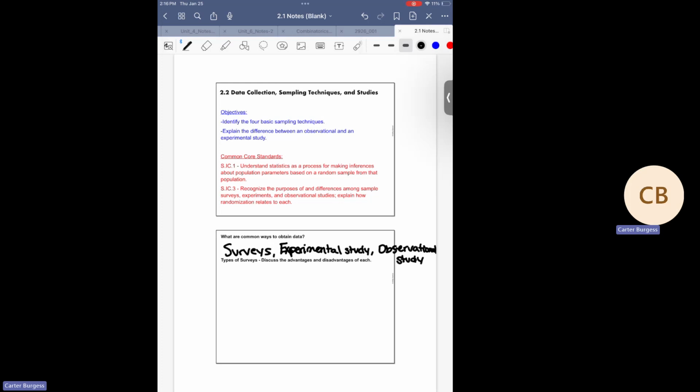Rather, I want to talk about a couple of interesting areas within surveying where the way the survey is presented can create bias. So it's not necessarily anything wrong with the sample, but the survey itself, the way that it is given to people, creates bias.